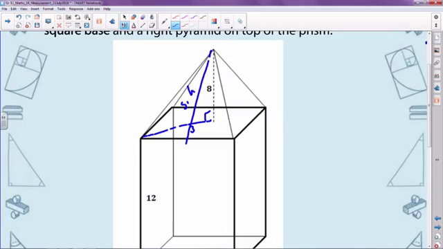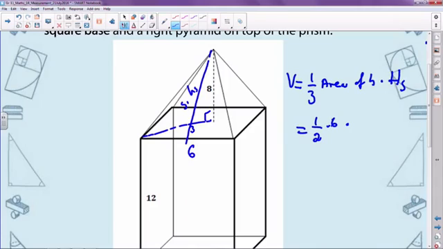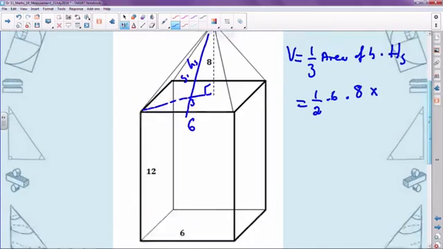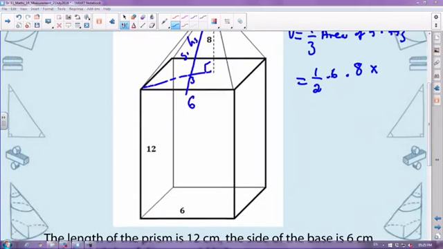So it's a third, base is 6 multiplied by 8 times your slant height, which we worked out, and we can quickly confirm it.